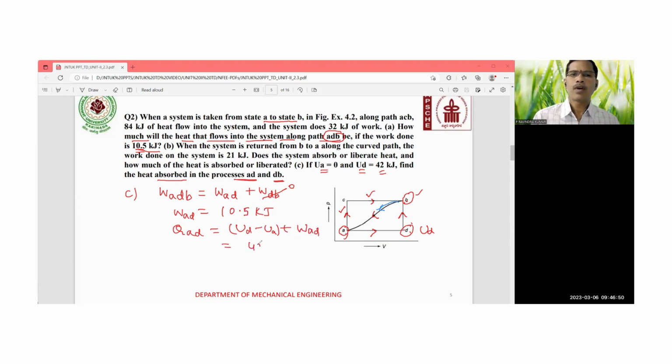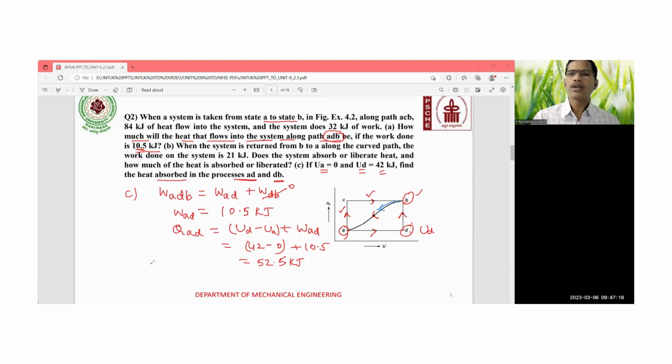It is 42 minus 0 plus W AD. W AD is nothing but 10.5. So it is 42 plus 10.5. So you will get that as around 52.5 kilojoules, right?